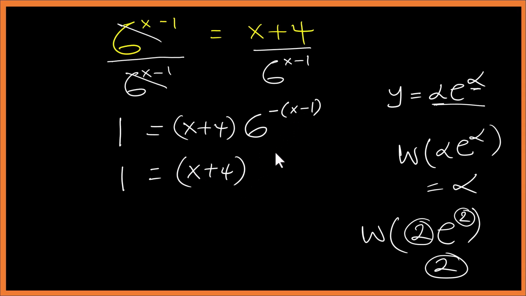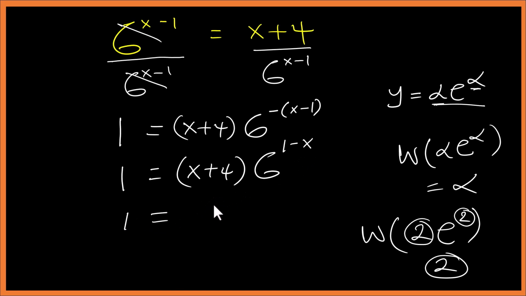So this side is the same as 6 to the power minus x plus 1, 1 minus x. Okay, we have 1 minus x. But this side is x plus 4. What are we going to do so that we get x plus 4 here.